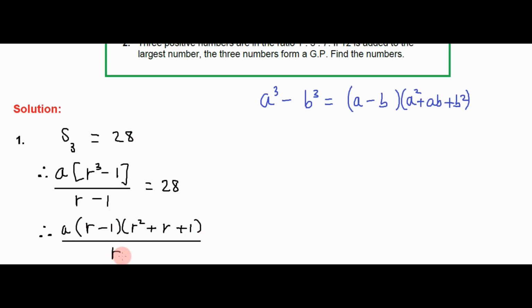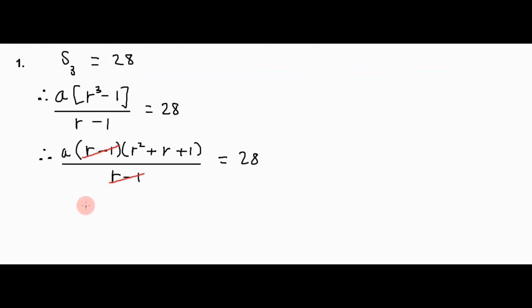Then these factors will cancel. And of course, this is equal to 28. So we're left with A into R squared plus R plus 1 equals 28. Now, we are going to call this equation 1.